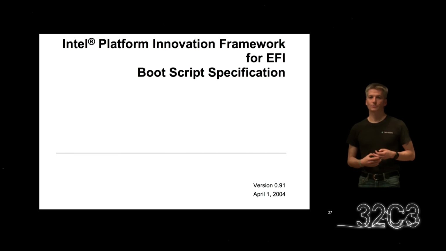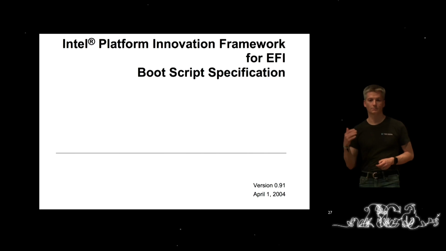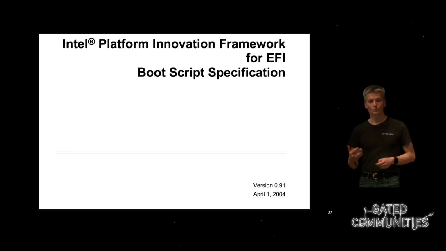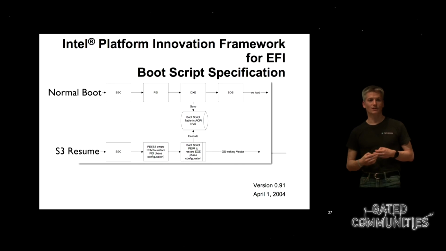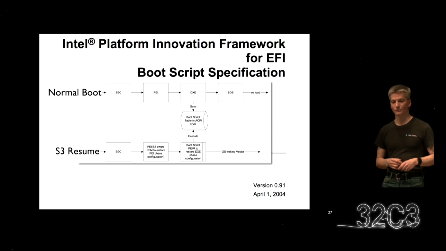To understand how to take advantage of this vulnerability, we have to go back to the boot script specification, which describes how EFI goes through a normal boot and then when it resumes.